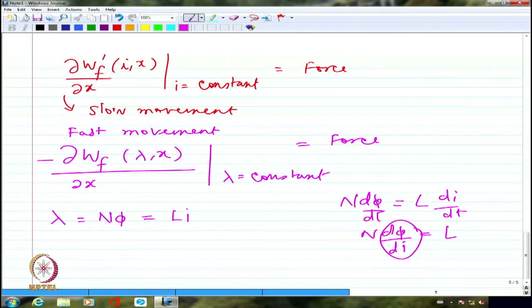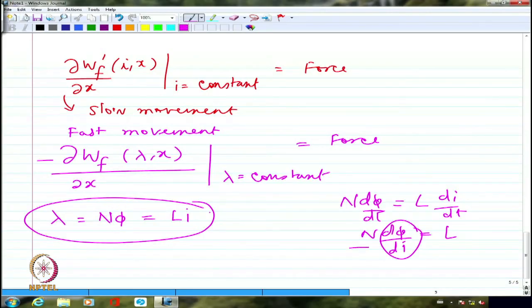If I assume they are having continuously a linear variation, rather than writing d phi by di, I should be able to directly write that as n phi by I, directly, right? So if I am considering a linear system, I should probably be holding on to this expression rather than writing this in terms of calculus, right?